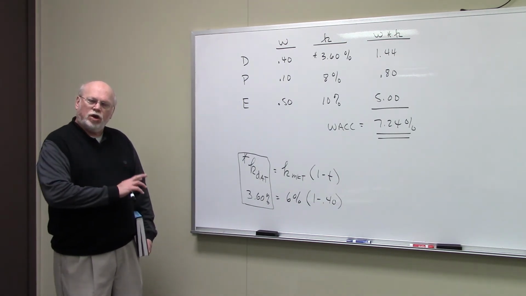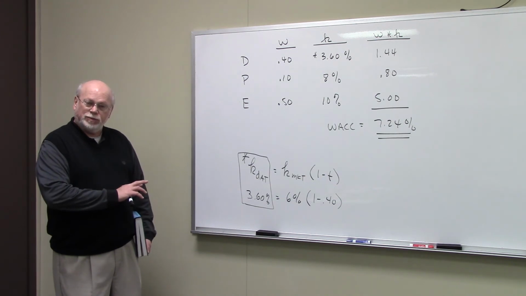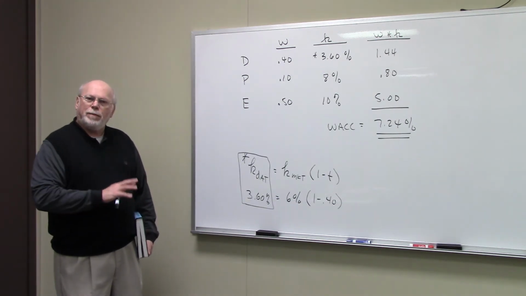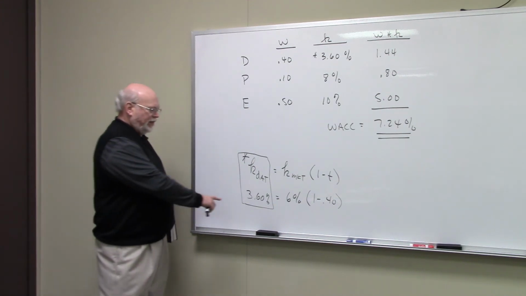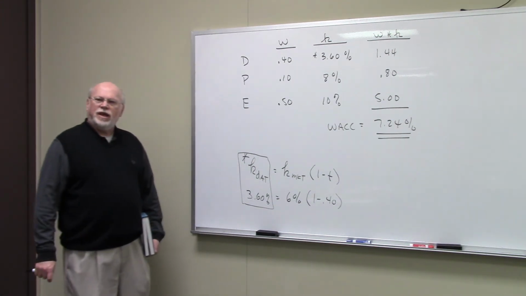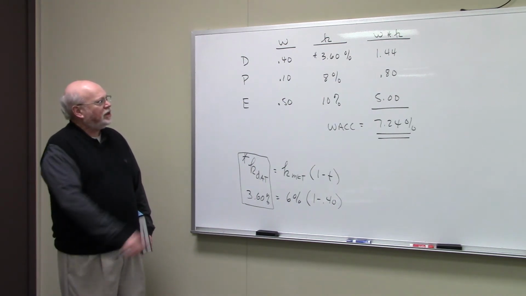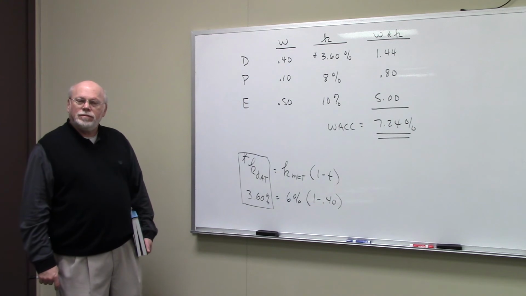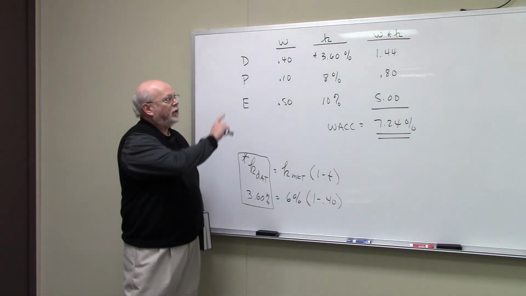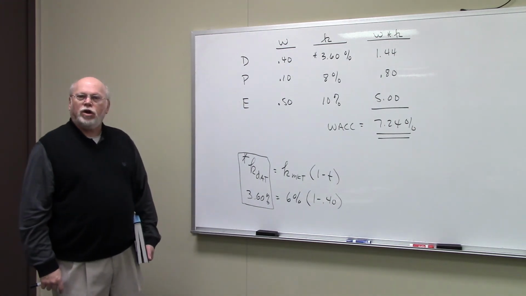So if we take the cost of debt before taxes, 6%, multiply it by 0.60, which is 1 minus the tax rate, we find the cost of debt after taxes to be 3.6%, which is what we would put into this process up here. We now know all component costs of capital.